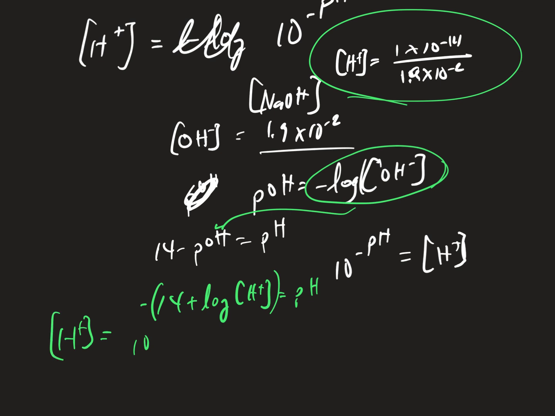Hold on, this is supposed to be OH, right? So this is the 1.9, let me erase that. This is the 1.9 times 10 to the negative 2, right?